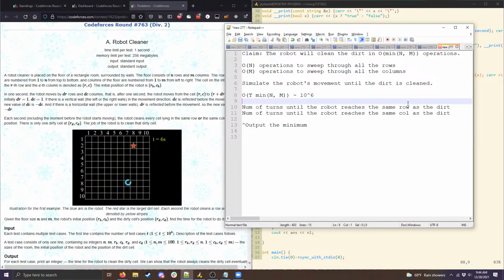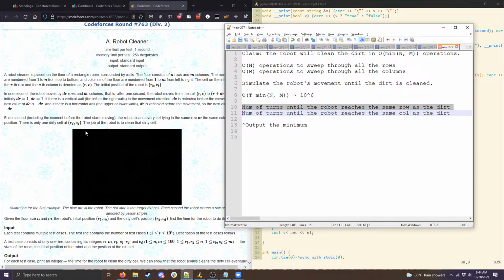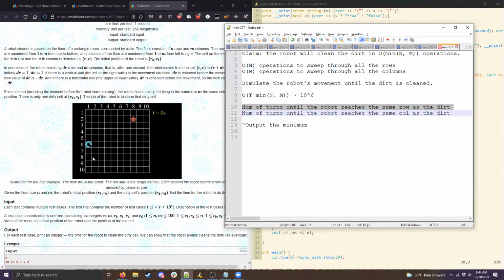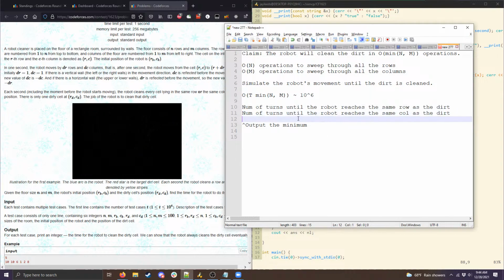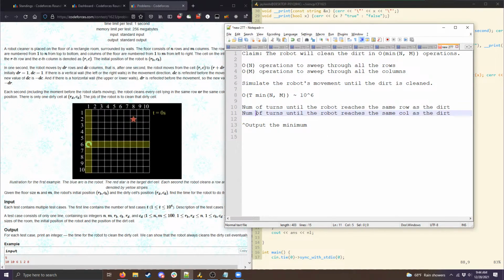And in order to find this value, there are 2 cases. The first is that the robot might reach the dirt without ever turning around, and the second is that the robot will turn around before it reaches the dirt. And so you can split into those cases, and then you can compute these number of turns, and that will get you a correct answer. But alternatively, you can just simulate.